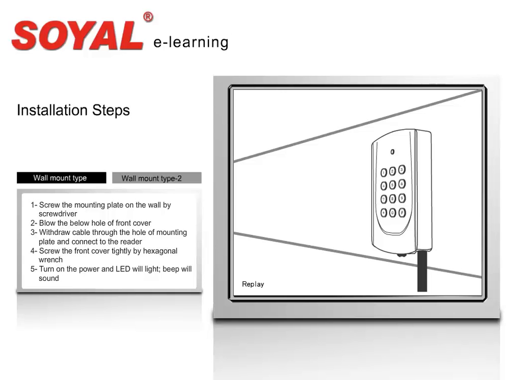Blow the below hole of front cover. 3. Withdraw cable through the hole of mounting plate and connect to the reader. 4. Screw the front cover tightly by hexagonal wrench. 5. Turn on the power and LED will light. Beep will sound.